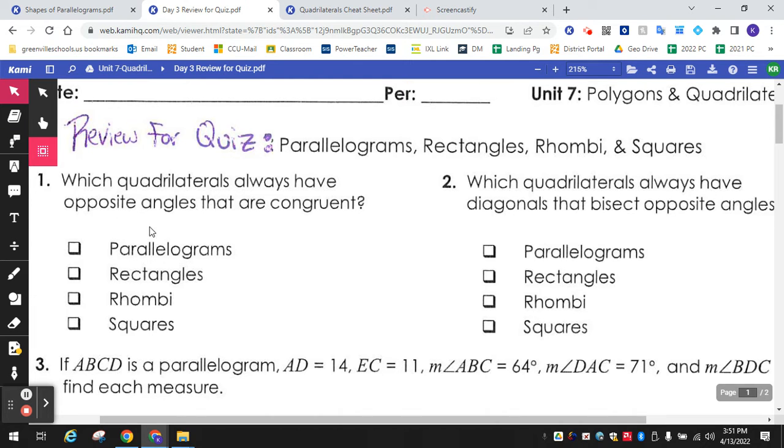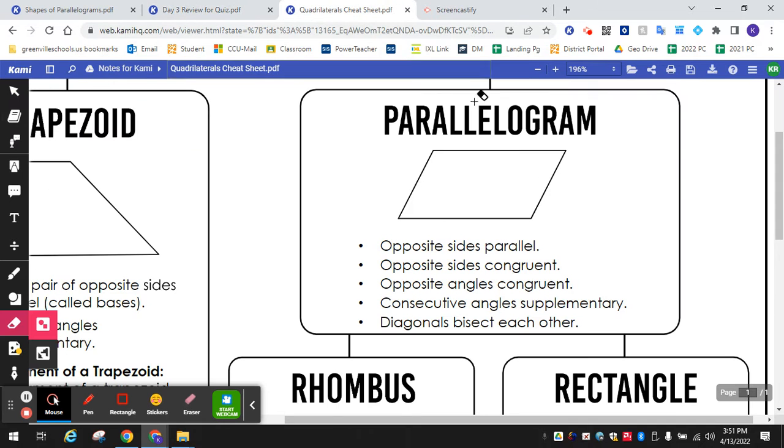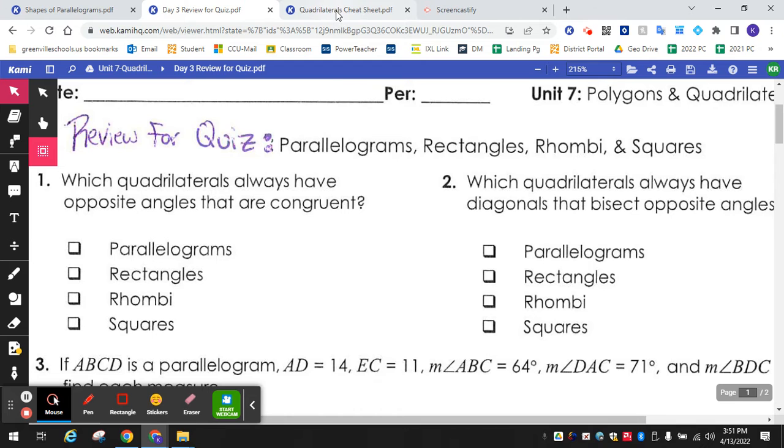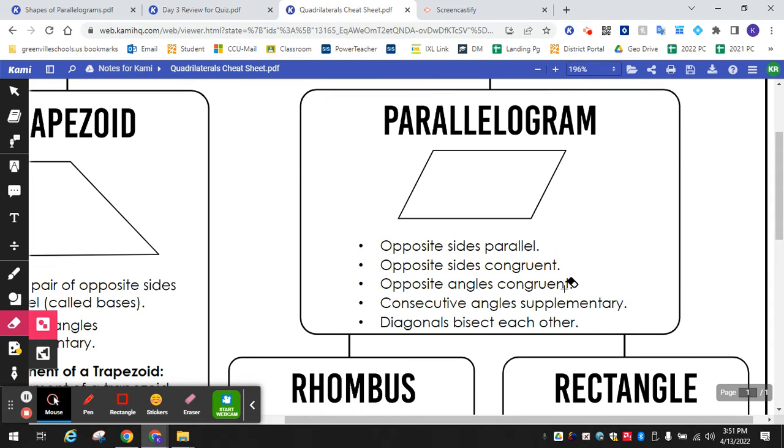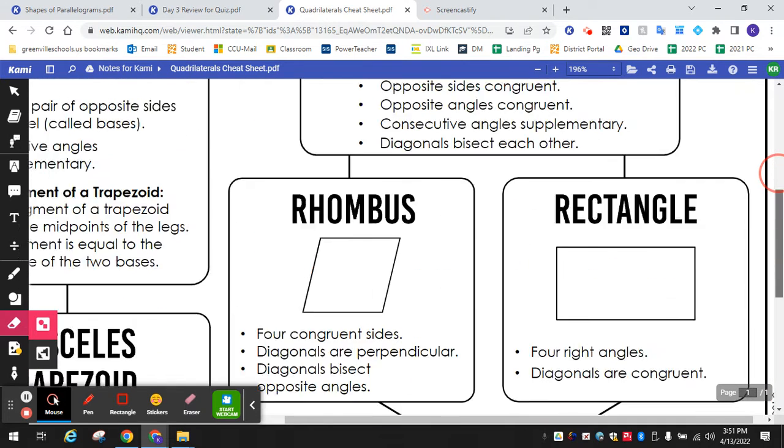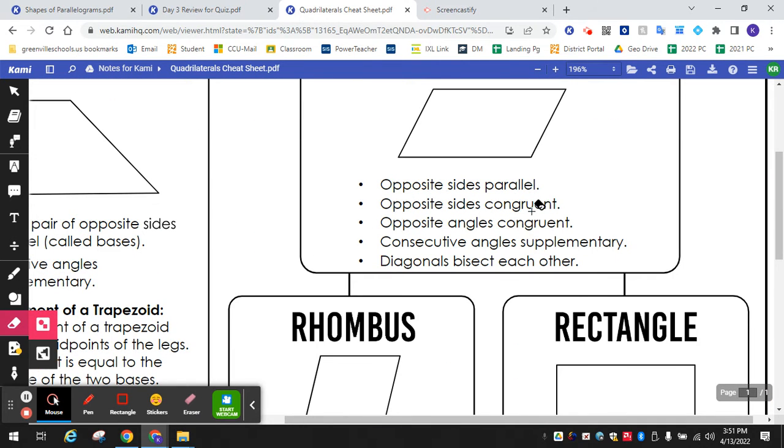Which quadrilateral always has opposite angles that are congruent? Well, if you're looking at your quadrilateral cheat sheet, your yellow sheet, in parallelograms it says opposite angles are congruent. Everything under this has those rules too.